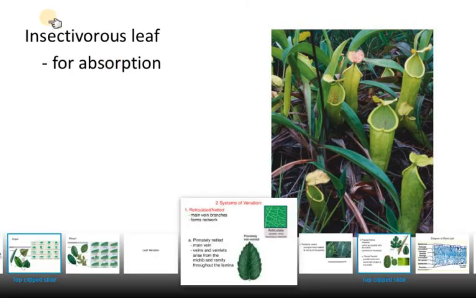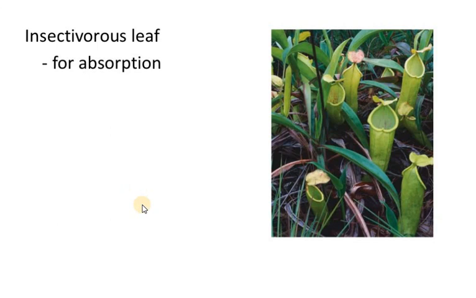These are the insectivorous plants. So up to here we discussed the major morphological aspects of leaves. Just read the topics and identify these instances from nature. Thanks for your patient listening.